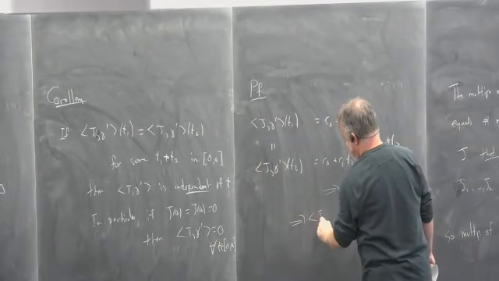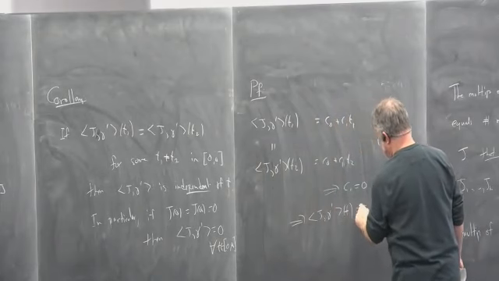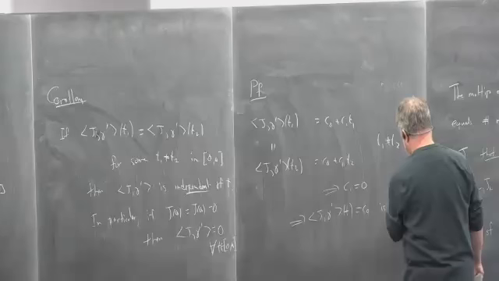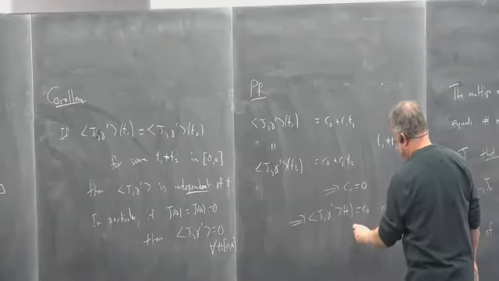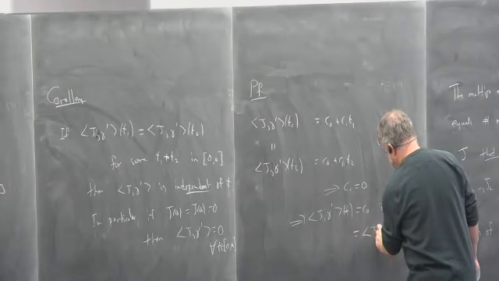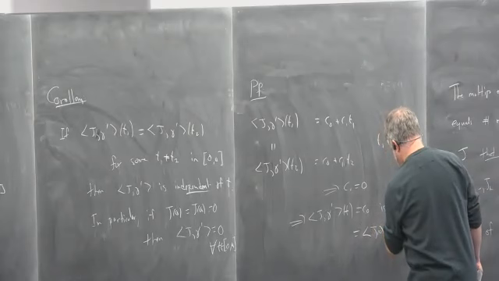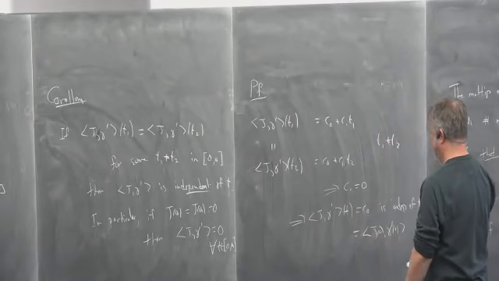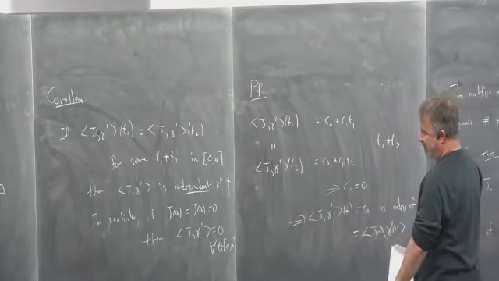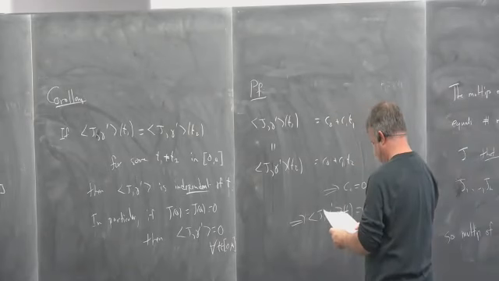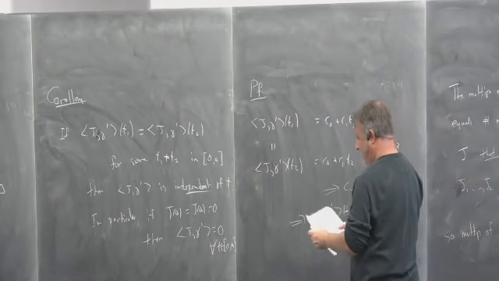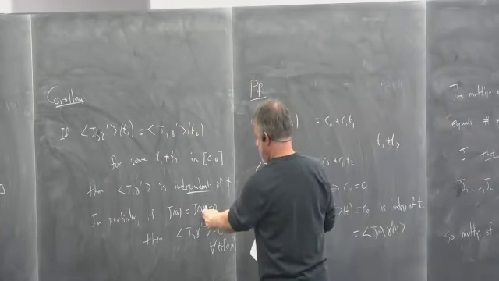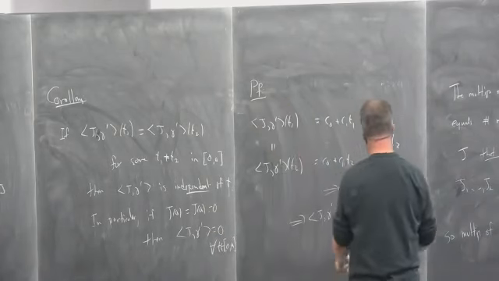That implies the inner product of J with gamma prime at t is C0, independent of t, and we know what C0 is: it's the inner product of J(0) with gamma prime(0).